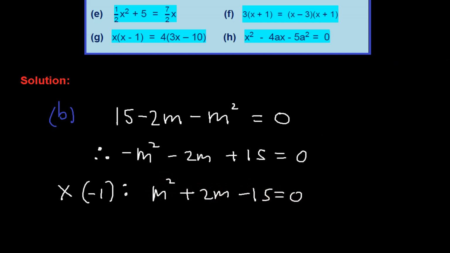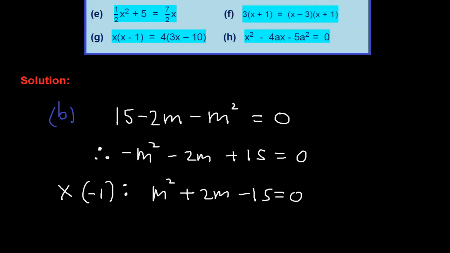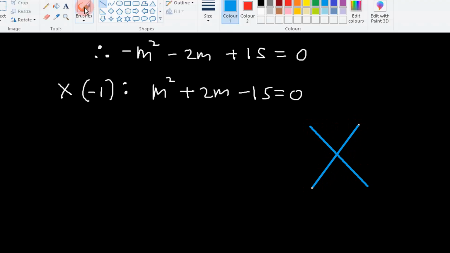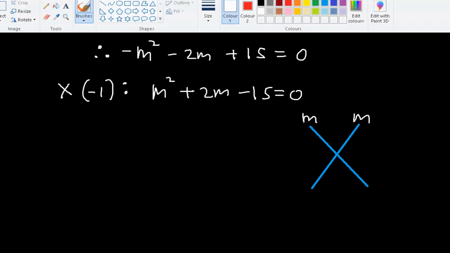Now we can use the cross method. So drawing the cross, the factors of m squared will be m and m. And we can look at the factors of 15.